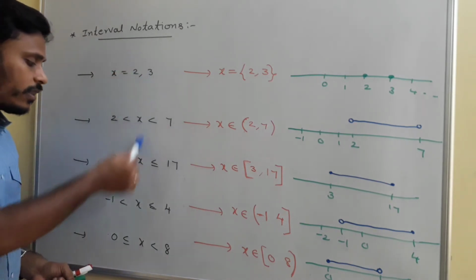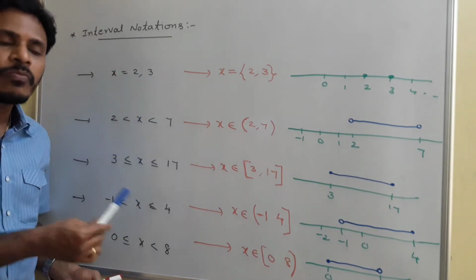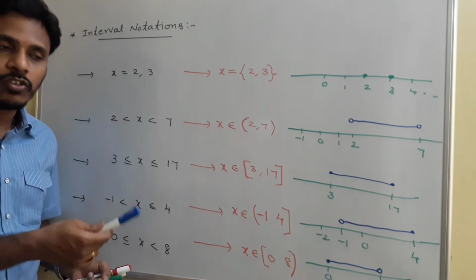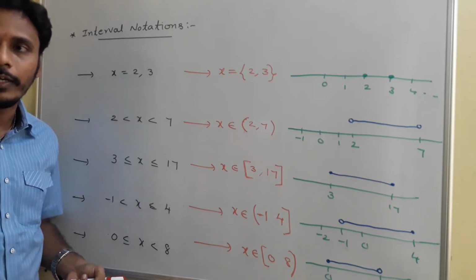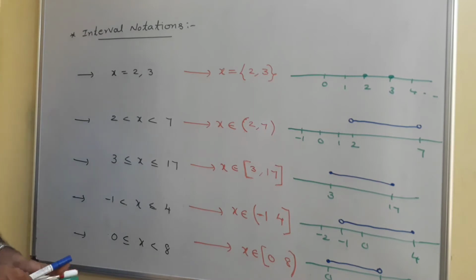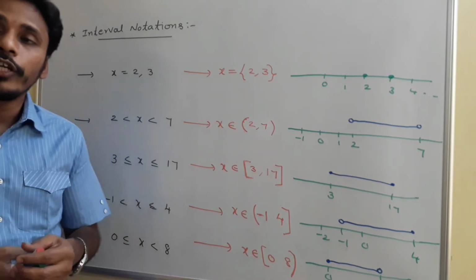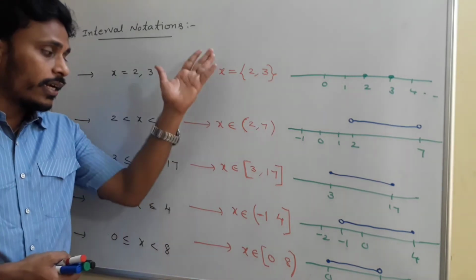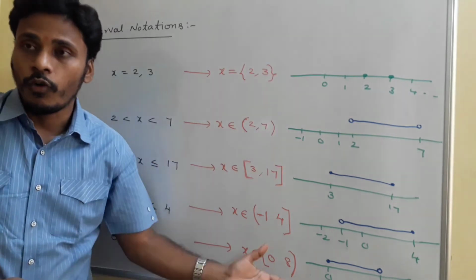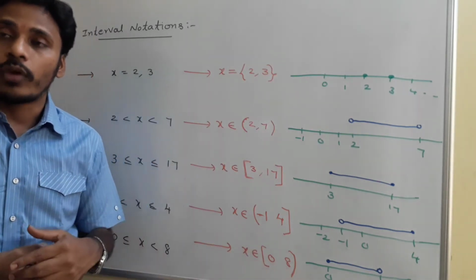So these are the different types of solutions which you may get after solving a given equation or inequality. And there are some situations where you need to represent that solution in interval form as well as in number line form, to analyze the solution as well as to analyze the problem.